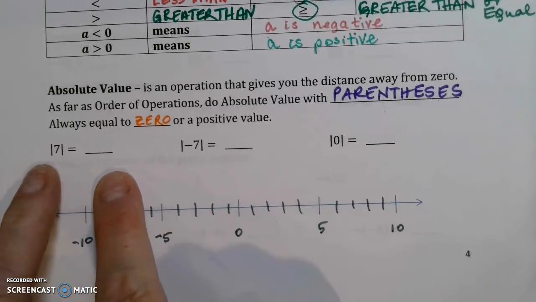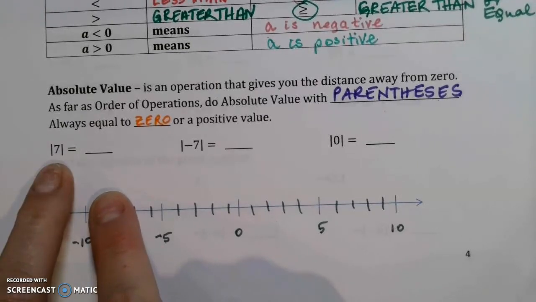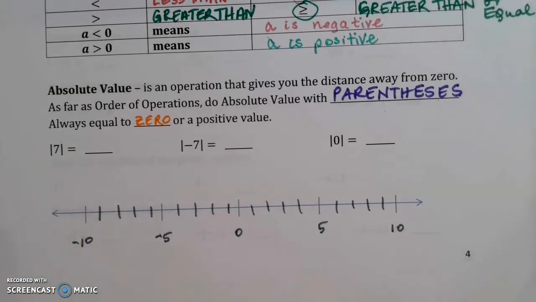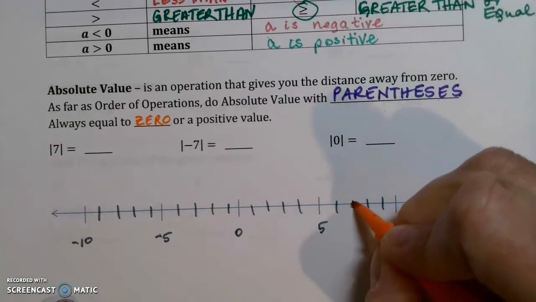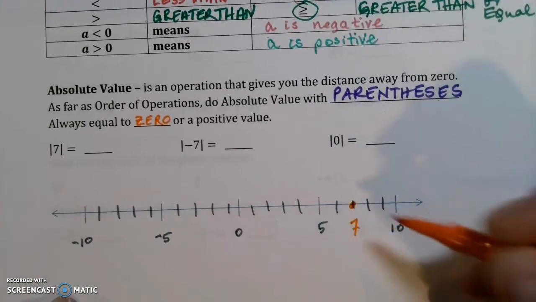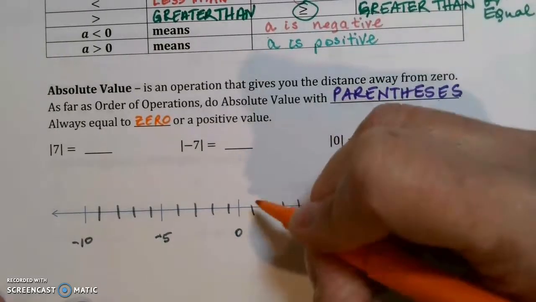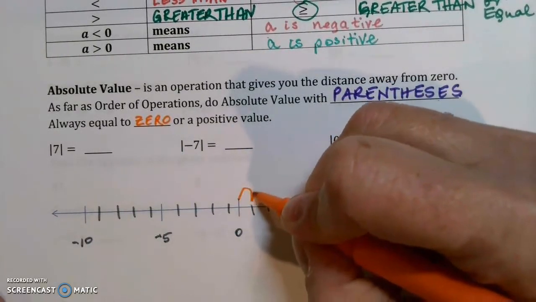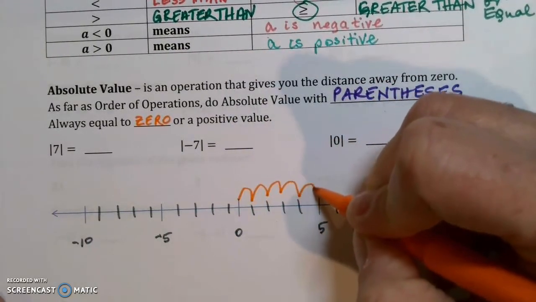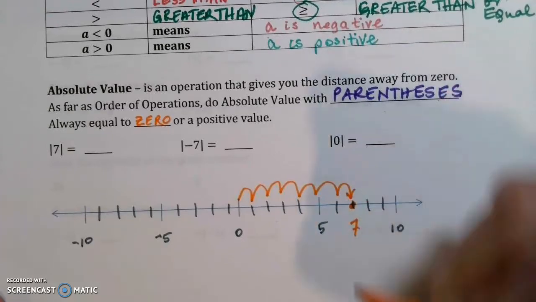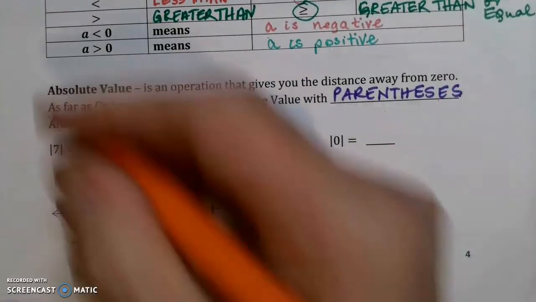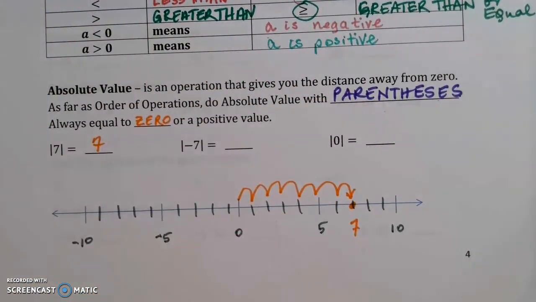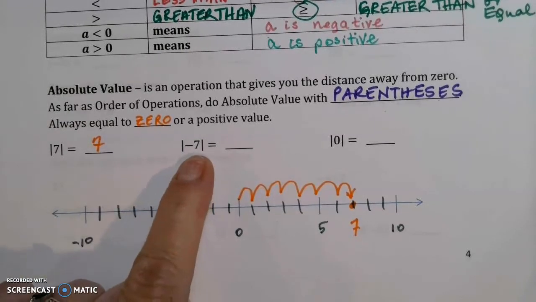So thinking about absolute value. If absolute value of 7, you're thinking about, okay, well, where is 7? 7 is going to be over here. And you want to figure out how far away from 0 are you. Well, start at 0. 1, 2, 3, 4, 5, 6, 7. So the absolute value for 7 is 7. The next one, we're looking at -7.